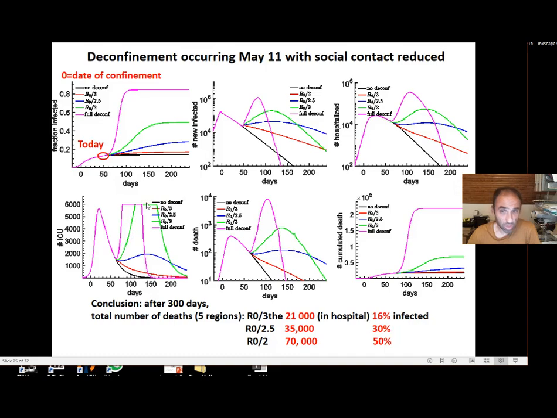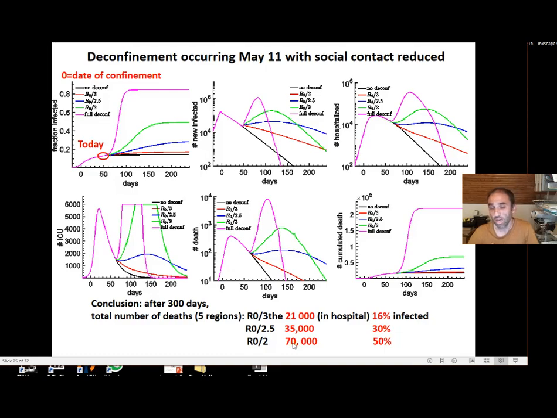And this leads to different accumulated deaths that you can see here with full deconfinement, R0 divided by 2, R0 divided by 2.5 and 2. And in summary, with these different numbers, you can see the change in the number of deaths in hospitals: 21,000, 35,000 and 70,000.